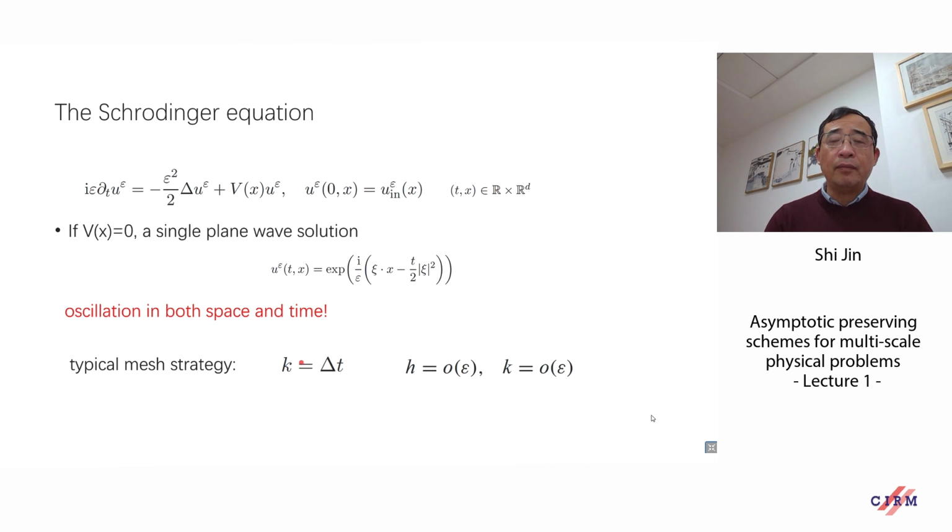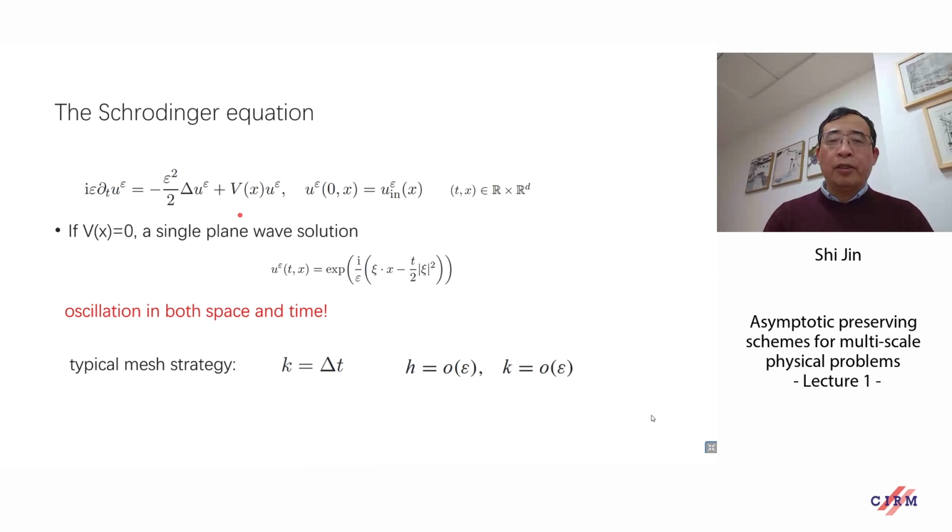Typically, if you solve this equation numerically, here I'm going to use k, or delta t, and I use these different notations depending on convenience. Both k and delta t represent the time step, and h is the mesh size for x.